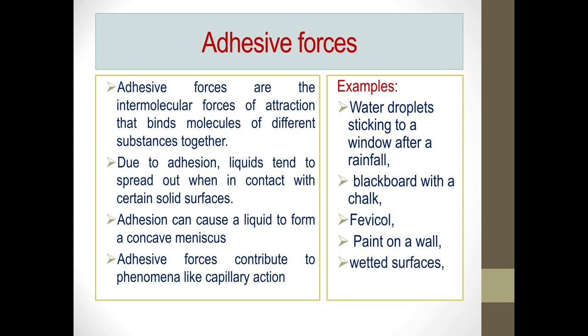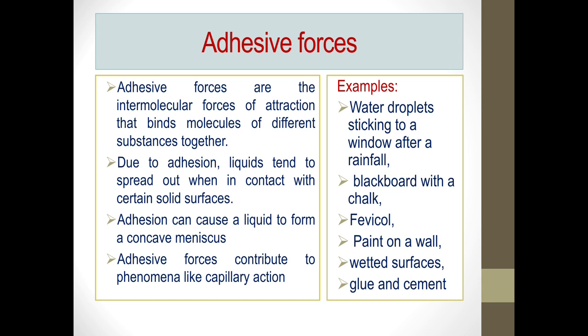And a wetted surface. For example, we have put some water over a surface. When you wipe it with a paper, you can see the paper absorbs all the water. So there is an adhesive force of attraction between the paper molecules and the wetted surface.